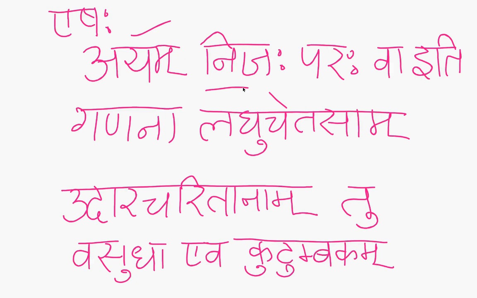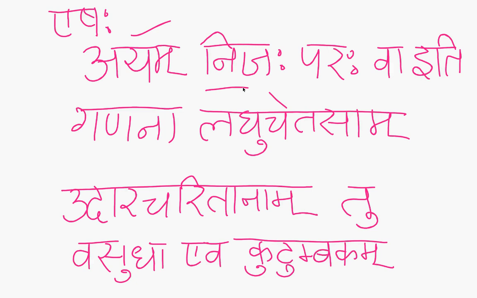Laghuchetasam, people who think little, who think lowly, low-minded people. So small-minded. Mean-minded. Laghuchetasam is a Shashti Bhakti here, like Ramanam, Gurunam. Those people's counting or thinking is, whether this person is my own or other.